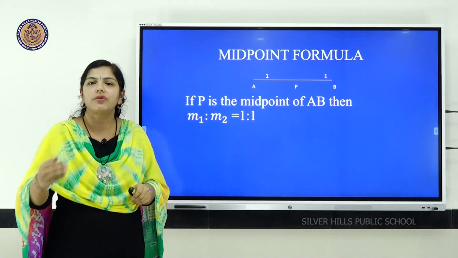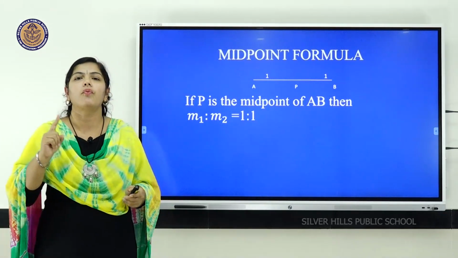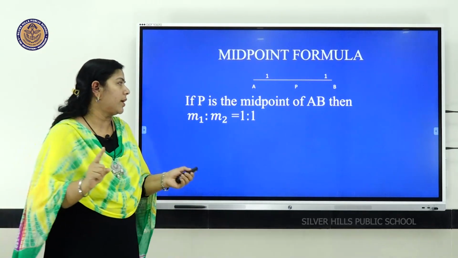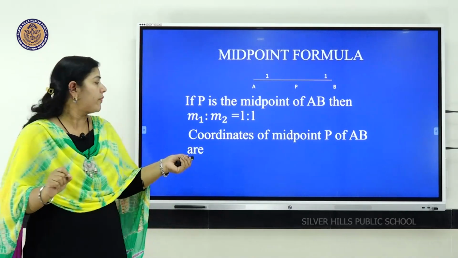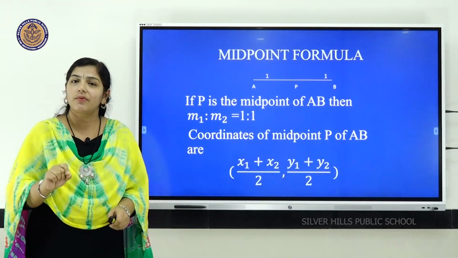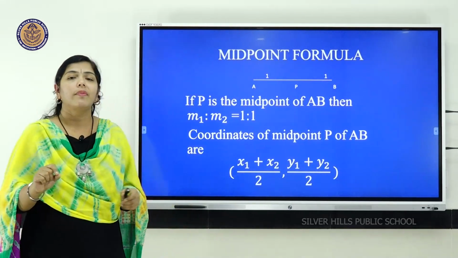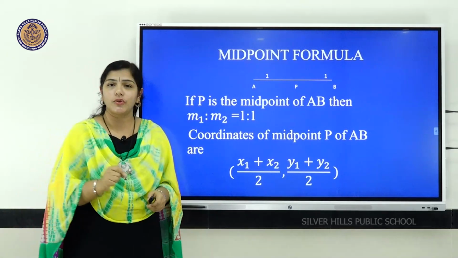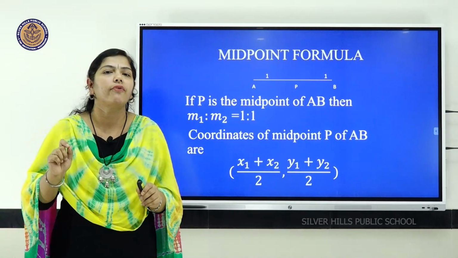So, what happens to the section formula? Here instead of m1 we have to substitute 1 and instead of m2 we have to substitute also 1. So, the coordinates of the midpoint P of AB are (x1 plus x2) whole divided by 2 and (y1 plus y2) whole divided by 2.